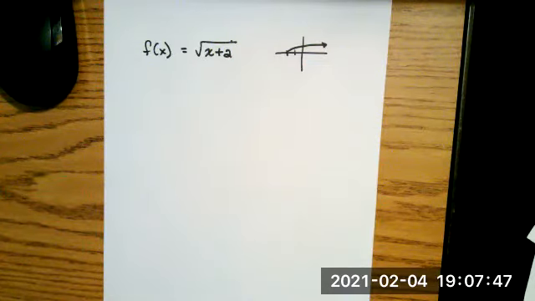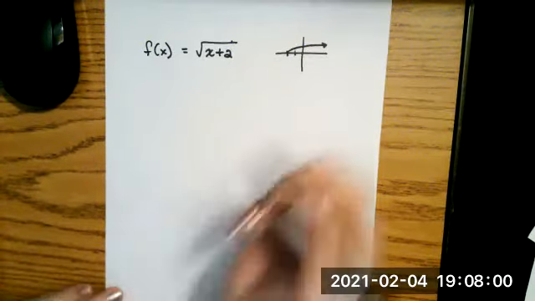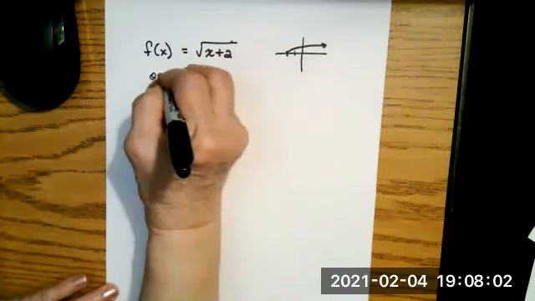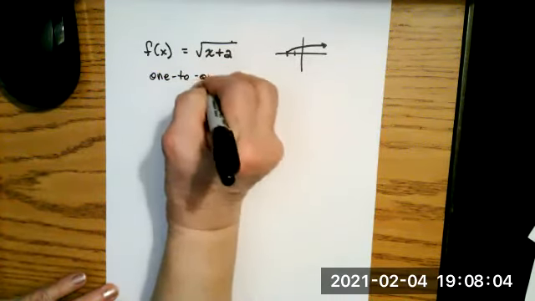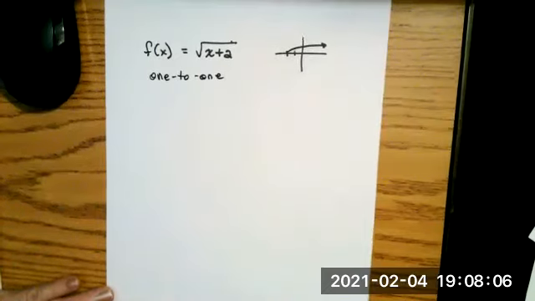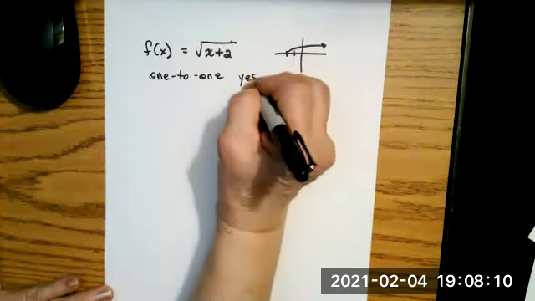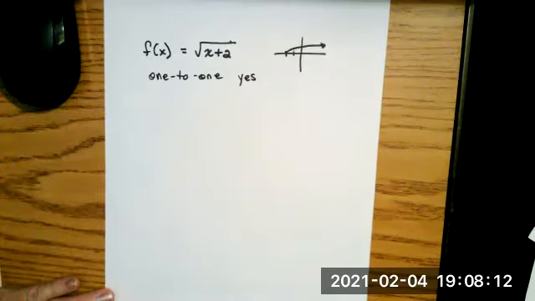So you can sketch the graph of a square root by knowing a little bit about what the numbers do inside that square root. Now, is it 1-to-1? Yes. So if it's 1-to-1, then you can find the inverse.